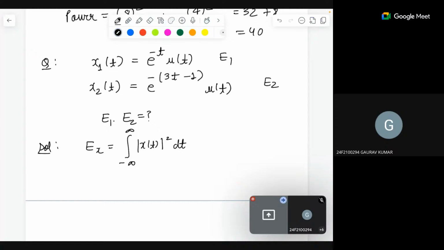Even if anyone gets E1 or E2, you can unmute and tell me the values of E1 and E2.